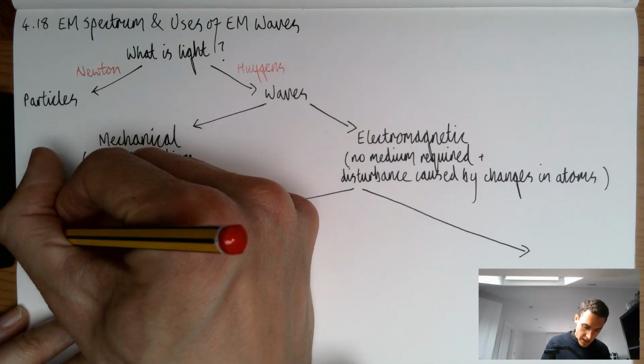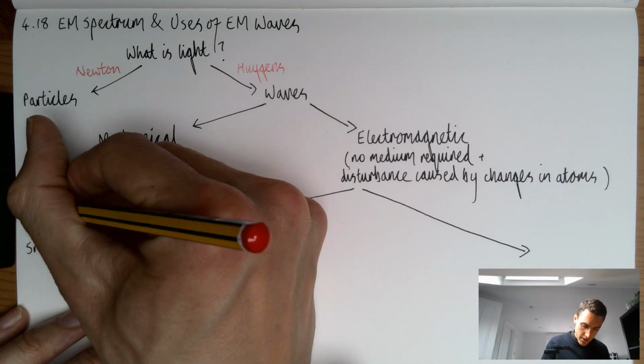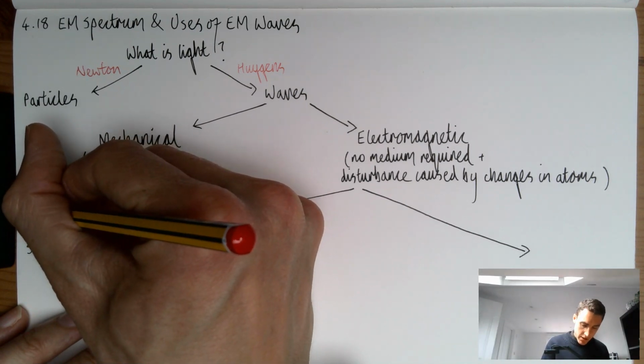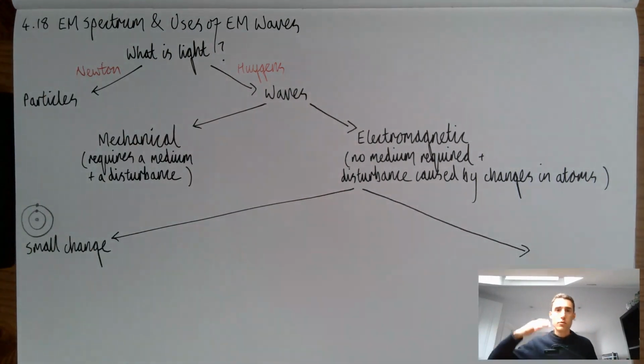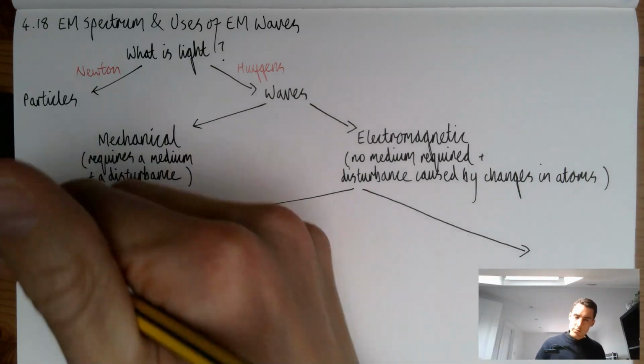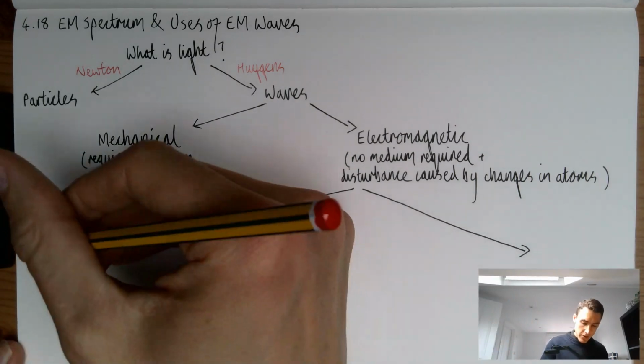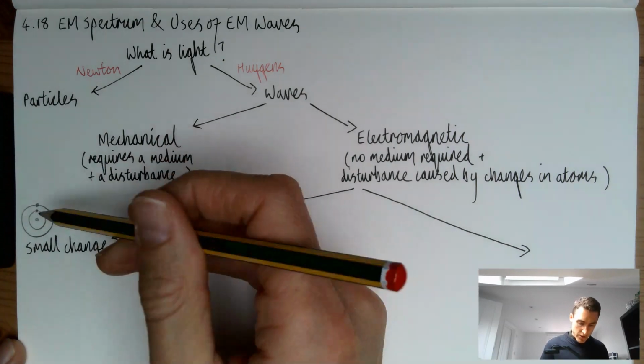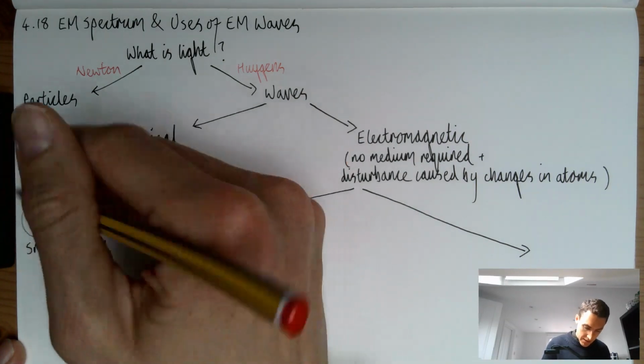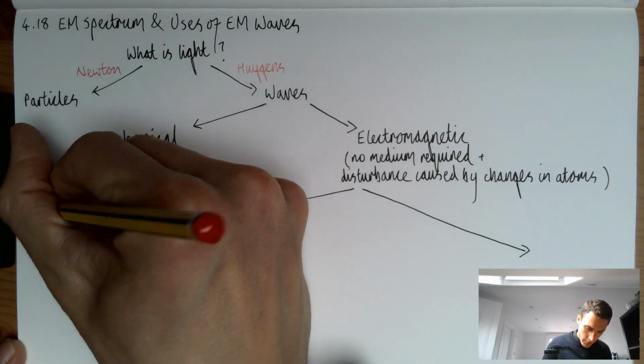They may have seen these pictures of atoms, and the reason you get electromagnetic radiation is to do with electrons moving between shells, or energy levels I should say. They drop down an energy level and emit some energy. We don't need to go into that in loads of detail, but what you can do is sketch them a little picture and say there's a very small change in the atom here, so this drops down from one level to another.